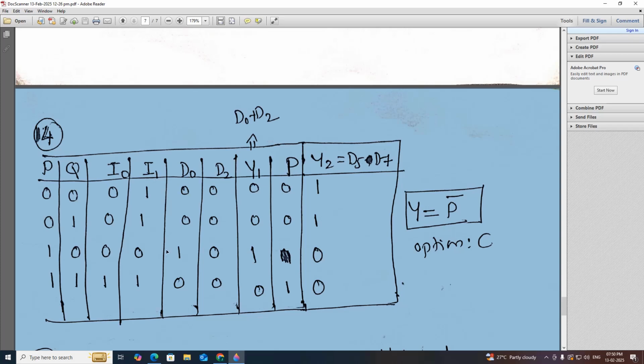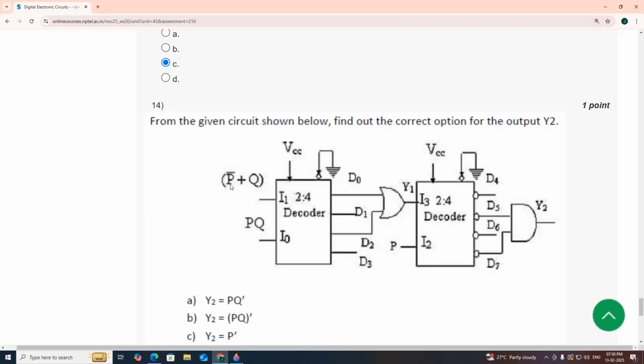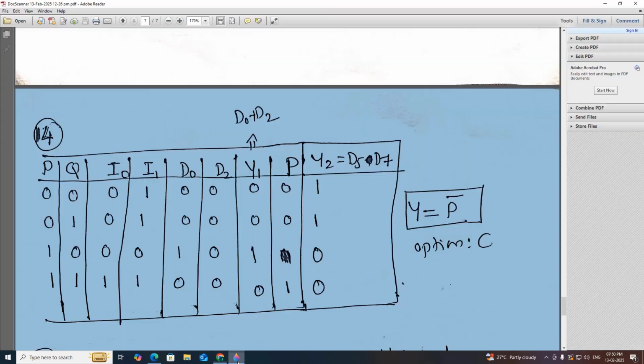For I1 it is P bar plus Q. So for example, P equal to 0 means P bar becomes 1, and Q is 0. 1 plus 0 is 1. For this case, P bar is equal to 0 and Q equal to 1, therefore 1.